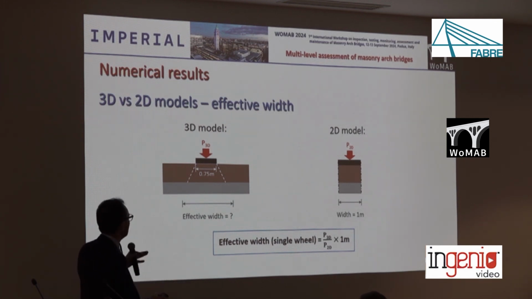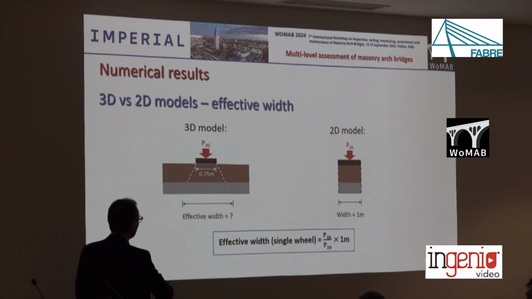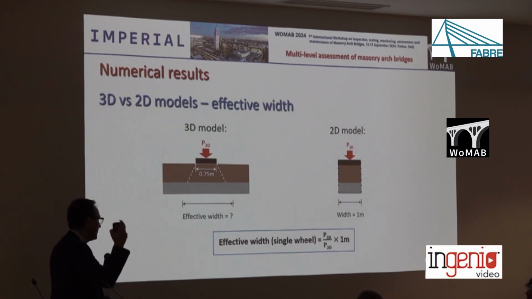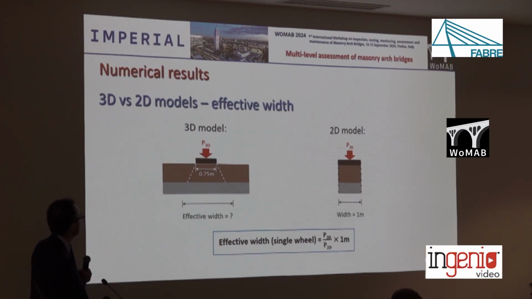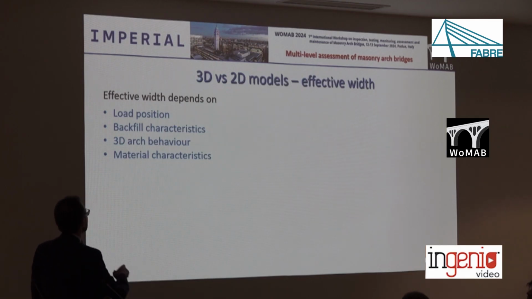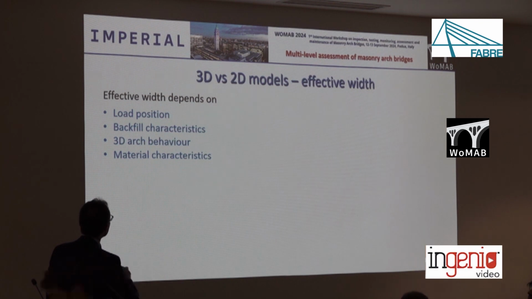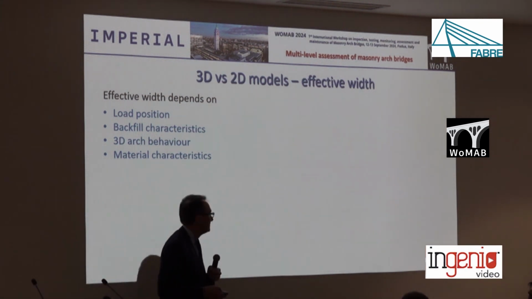In this case, we disregard the spandrel wall, so the 3D models are models with arch and backfill only, because the focus here is on the spread of the load to the backfill and the consideration of 3D effects via a 3D model, without taking into account the spandrel wall contribution. Our study found that the effective width actually depends on a number of factors: load position, backfill characteristics, 3D arch behavior, but also material characteristics of the arch, which is quite interesting.